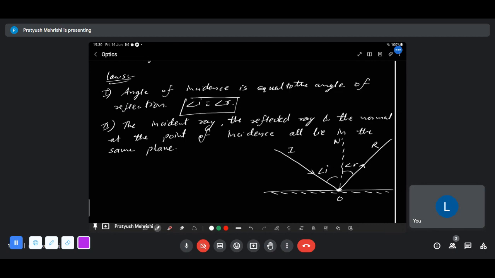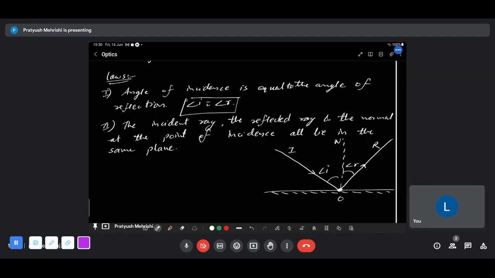This condition, which we are writing here, can be expressed mathematically.